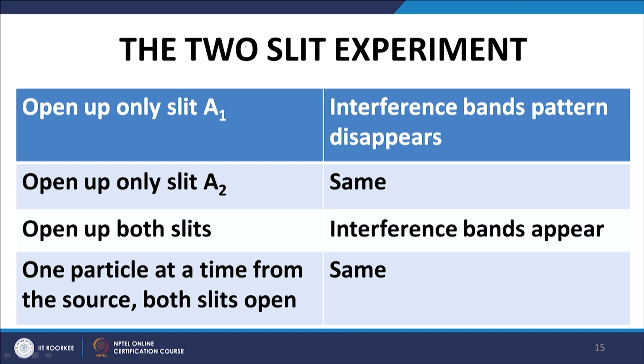But if you open both the slits, then the interference pattern appears. And if you slow down the emission of electrons from the electron gun to the extent that you release one electron at a time, then even then the interference pattern is retained, and there is no fall in the intensity. One electron strikes the screen at only one point.